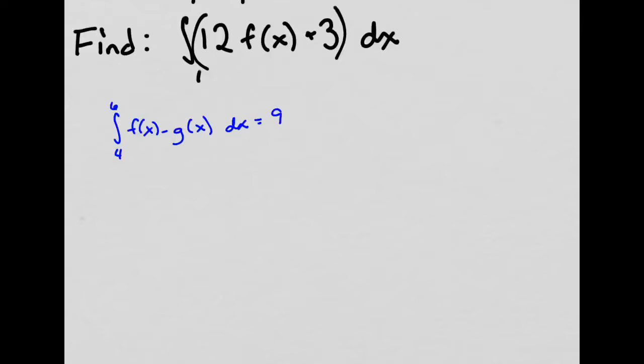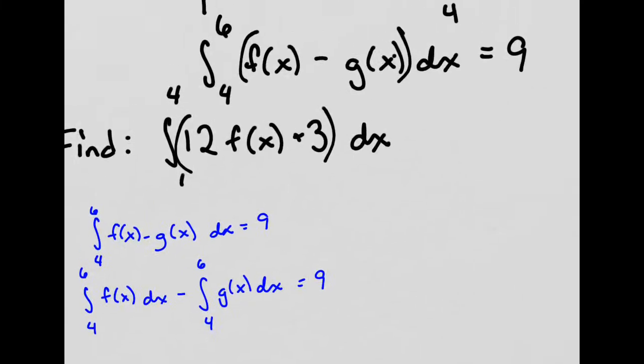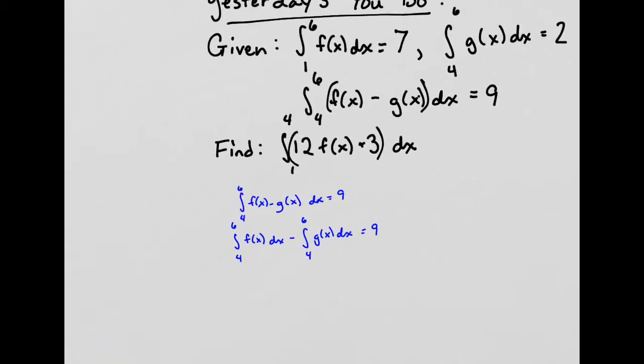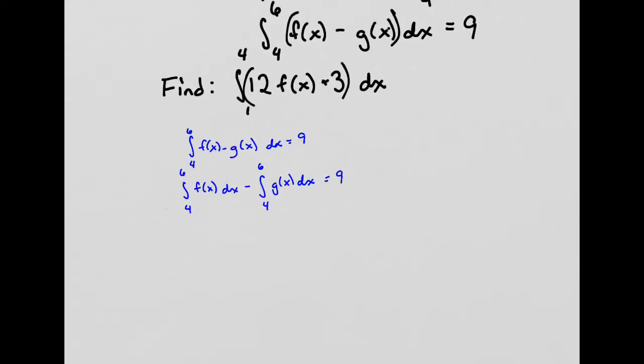Then we can split this: the integral from 4 to 6 of f of x dx minus the integral from 4 to 6 of g of x dx is equal to 9. But we know that the integral from 4 to 6 of g of x is 2. So this is 2, which means what minus 2 equals 9, which gives us 11.